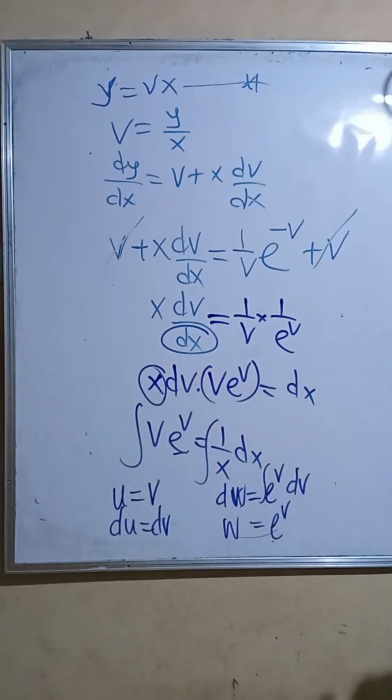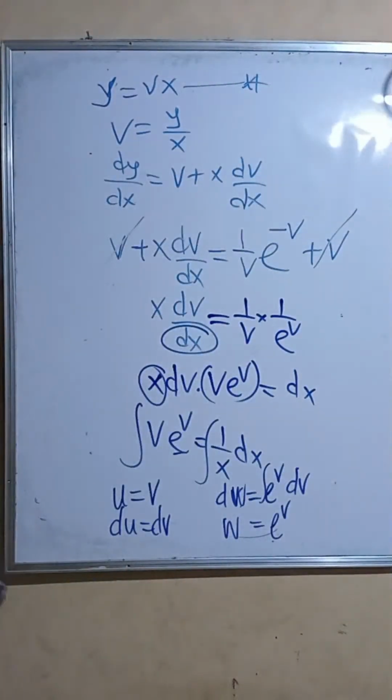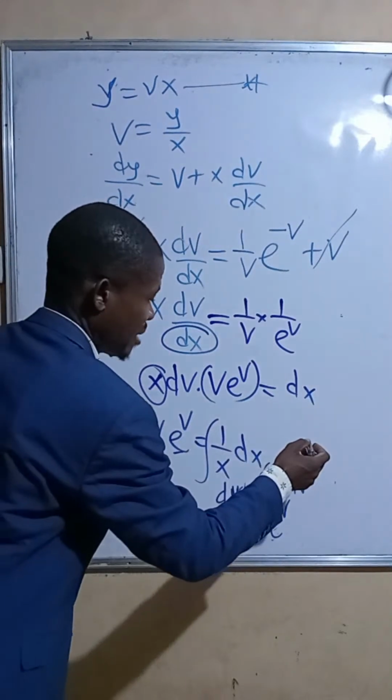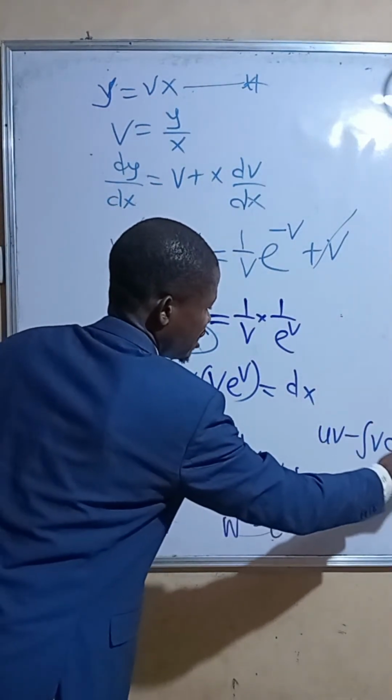So that's what we have in that place. The formula for integration by parts is uw minus the integral of w du.